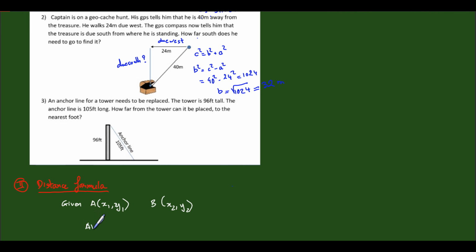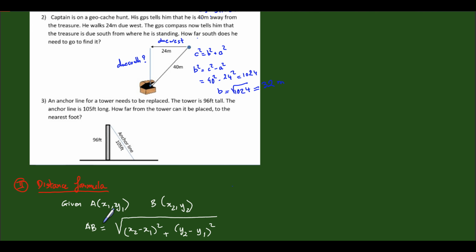So I'm going to put the distance between A and B as AB, or DAB, same thing. The formula will be the square root of x2 minus x1 squared plus y2 minus y1 squared.